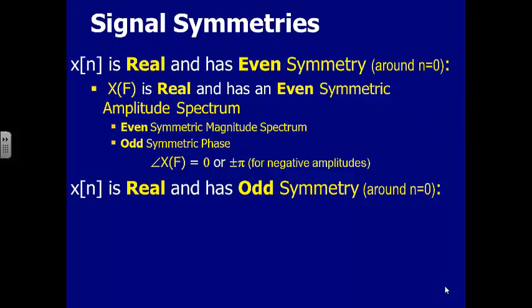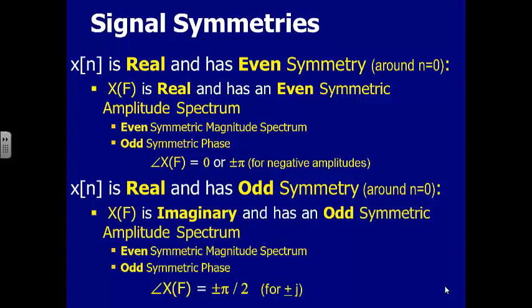If you have a real function that happens to be odd symmetric around 0, it would look like this down here, and it has to go through 0. Odd symmetric around n equals 0. Its discrete-time Fourier transform is purely imaginary, and if you plotted it versus f, it would be odd symmetric.